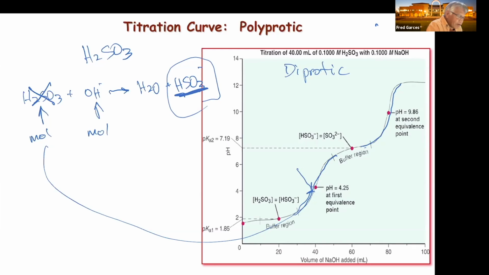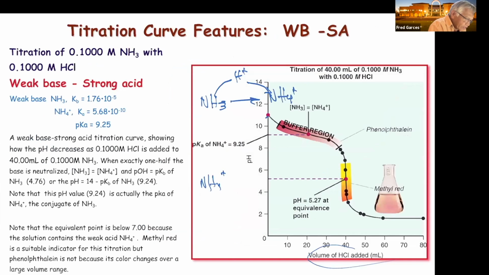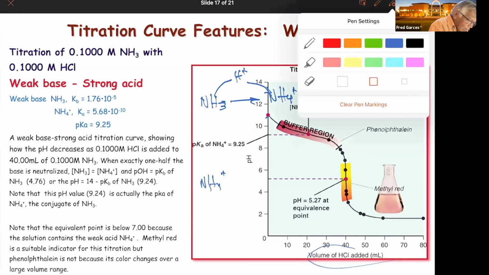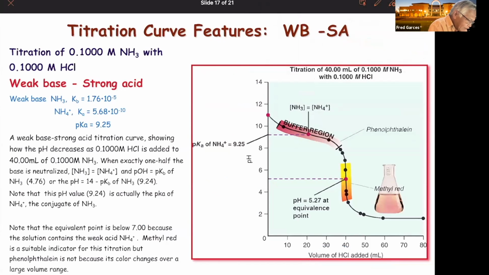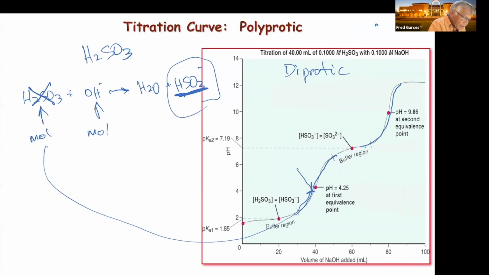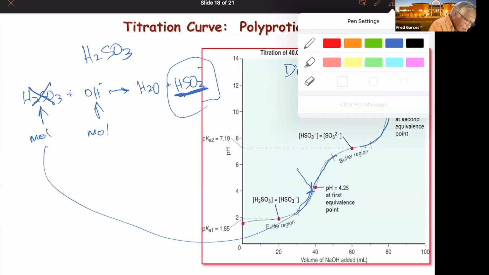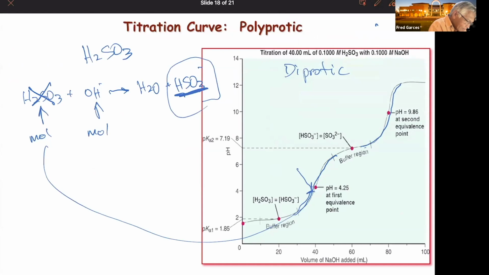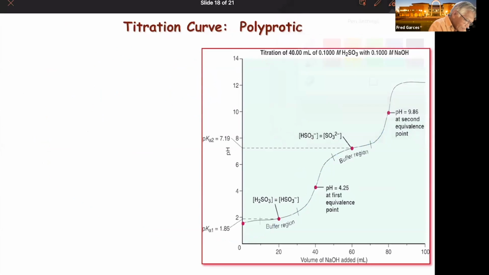Now, you still have a buffer region right here. Right here is your buffer region, and that's when your H2SO3 and HSO3 minus are present in the same solution.